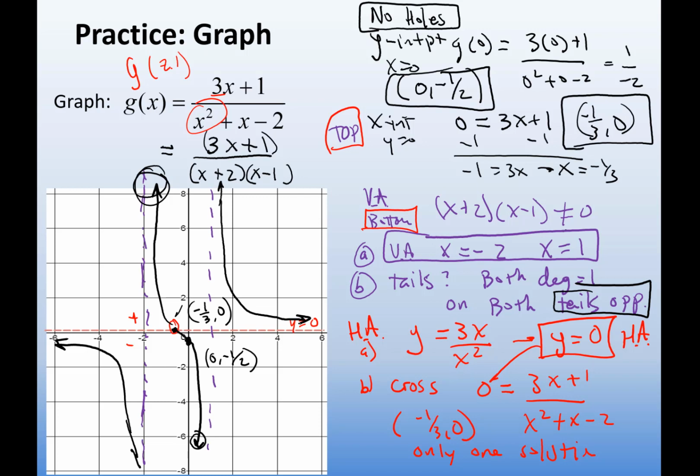So with a little bit of logical reasoning, that's what I mean by analysis. We've been able to figure out a quick sketch of that graph, and we can see here what it's supposed to look like. There's the asymptotes, and there's the three branches. So my sketch is kind of sloppy, but it's really close to the real sketch of the rational function. Hope that helps. Got a couple more examples for you.